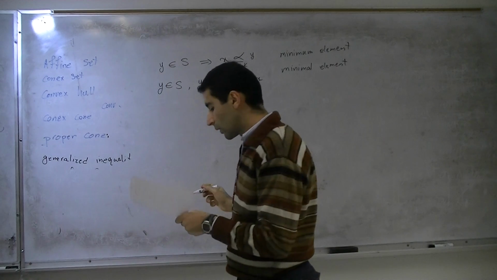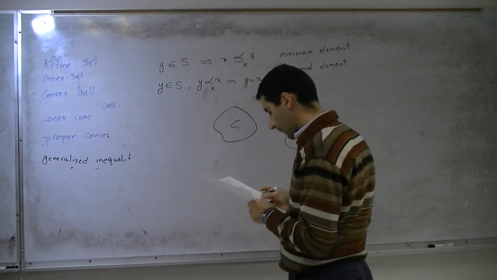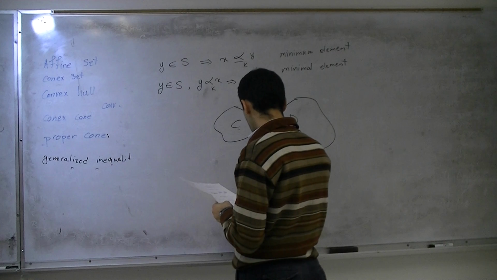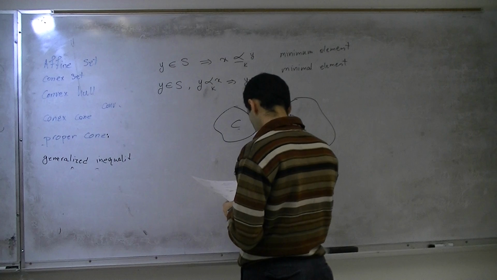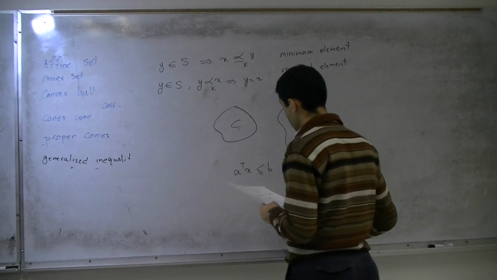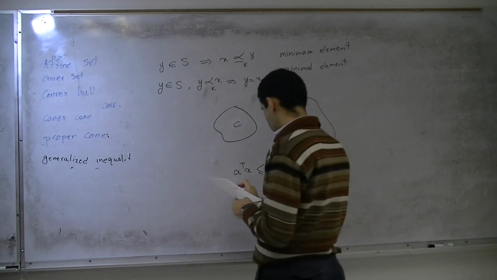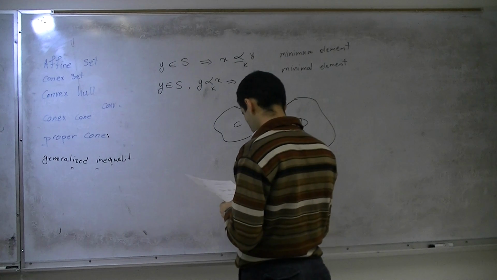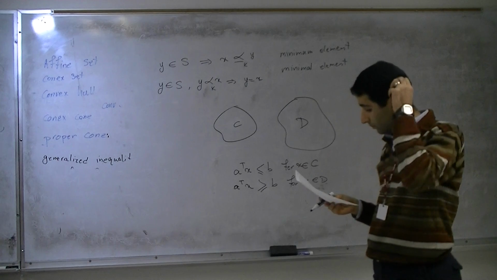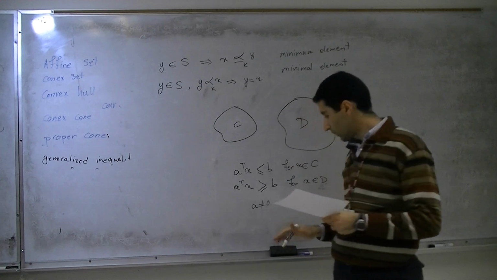If we have two disjoint convex sets, for example, C and D, if A transpose X is less than B for X belonging to C, and A transpose X is bigger or equal to B for X belonging to D, and there is an A that is not equal to 0, and a B, such that we have something like this.